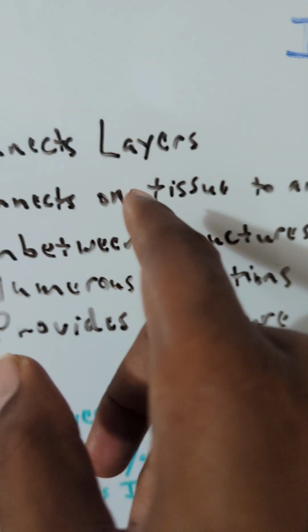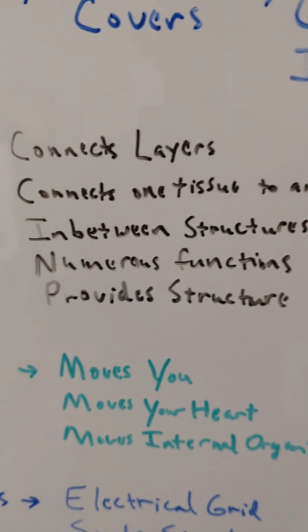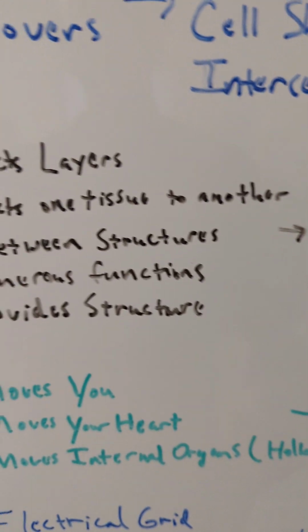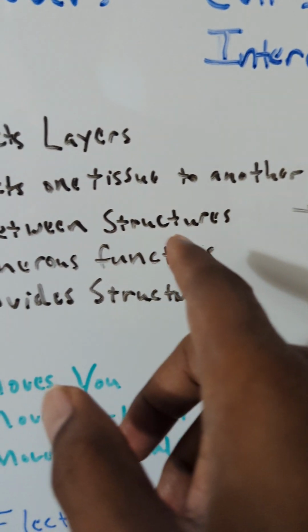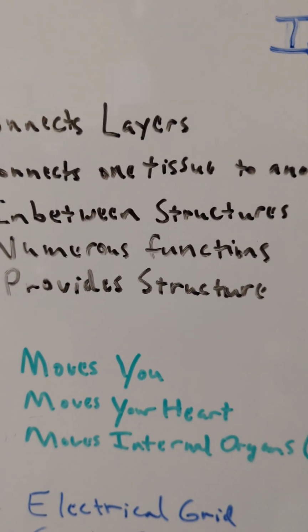It also connects one tissue to another. It sounds like it's almost saying the same thing, but we can get into some examples about that in another video. In between structures, you find connective tissue in between other structures.